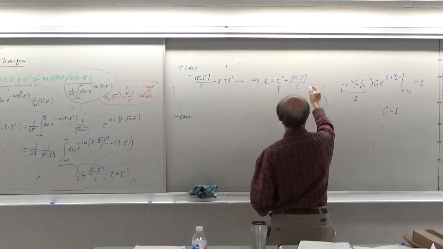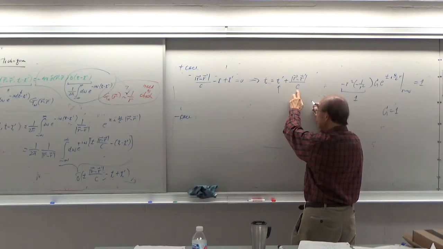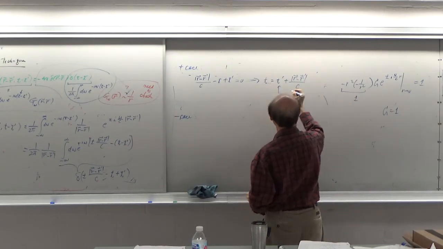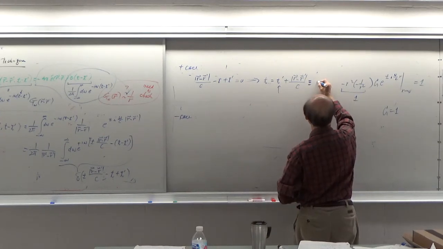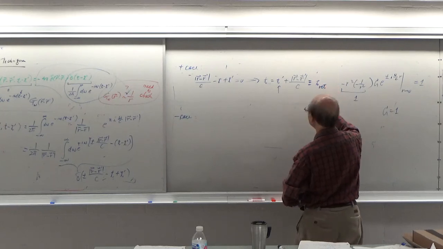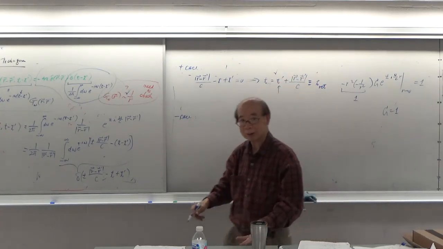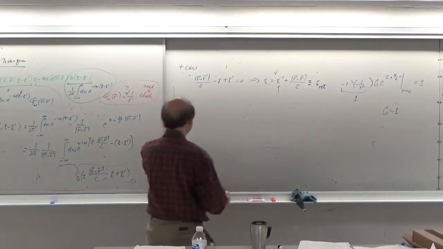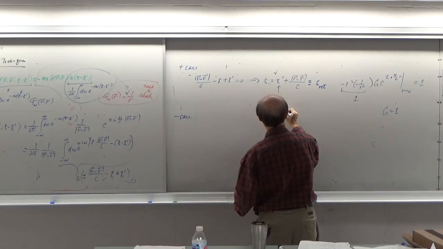And by the way, this is nothing but the time it takes light, traveling at the speed of light c, to go from r prime to r. We would call this the retarded time, t sub retarded. And this result is consistent with what we expect: effect after cause. Whereas the minus case says that t will be equal to t prime minus that.